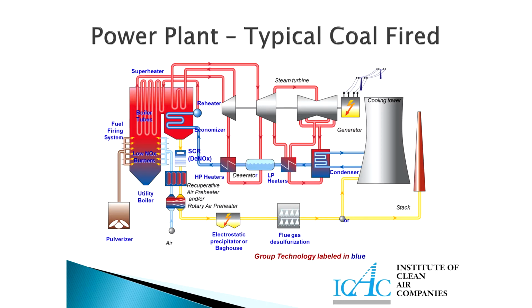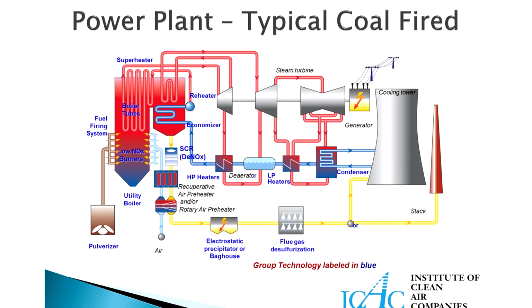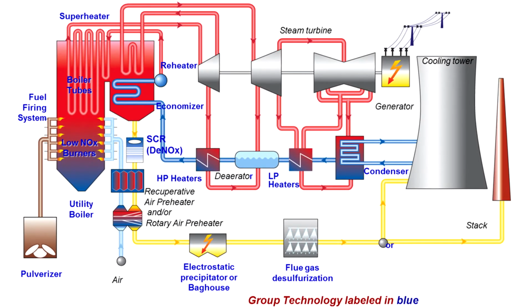You basically have pulverized coal, which is combusted inside the furnace. So you get water, which you heat up, you make steam, you superheat the steam, you take it into a turbine, and then the steam expands in the turbine, so it rotates, creates kinetic energy.